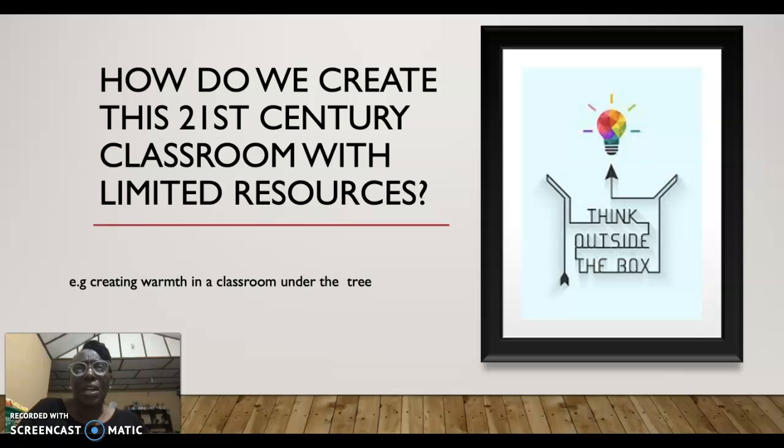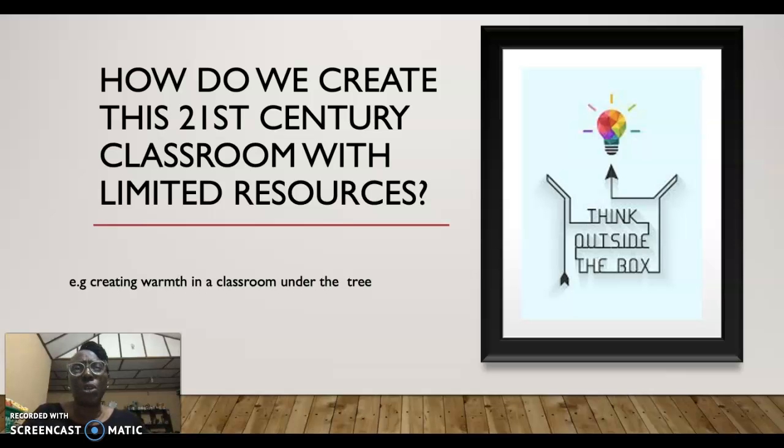Do we get colorful clothes, discarded clothes, make it beautiful, lay it on the floor for the students, let them sit? Use palm fronds to demarcate the areas, get beautiful flowers, hang them. You can actually create warmth anywhere. So I don't want us to begin to think of, oh, unless the government brings money.